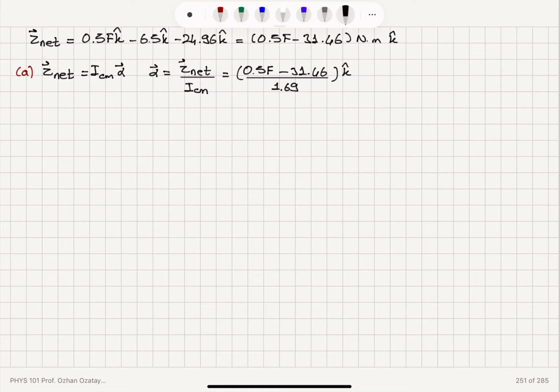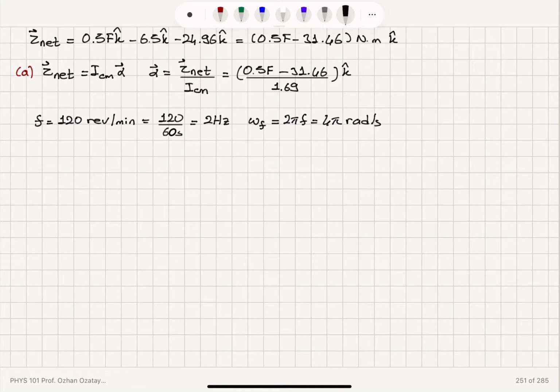Now the final frequency of the rotation will be 120 revolutions per minute. That is 120 revolutions per 60 seconds, and that gives me 2 hertz of frequency. So the angular frequency will be 2 pi f, which will be equal to 4 pi radians per second.